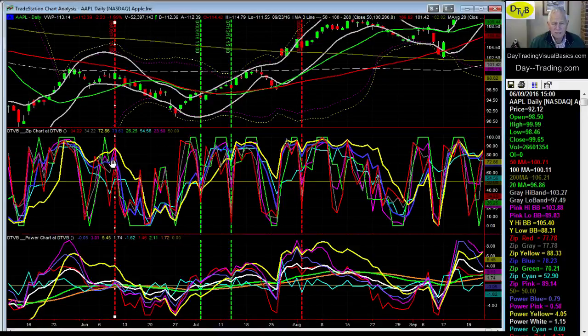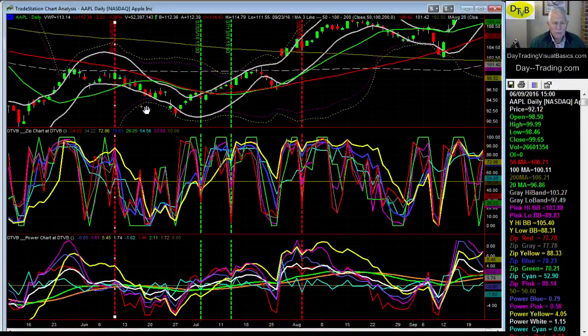Zip Pink is in a high M right peak higher pattern as well, which is a strong indication for going down. So I'm sure with the swing chart and the trend chart and even the price chart, it would be easy to tell that this is the high, and things are going to go down from here.